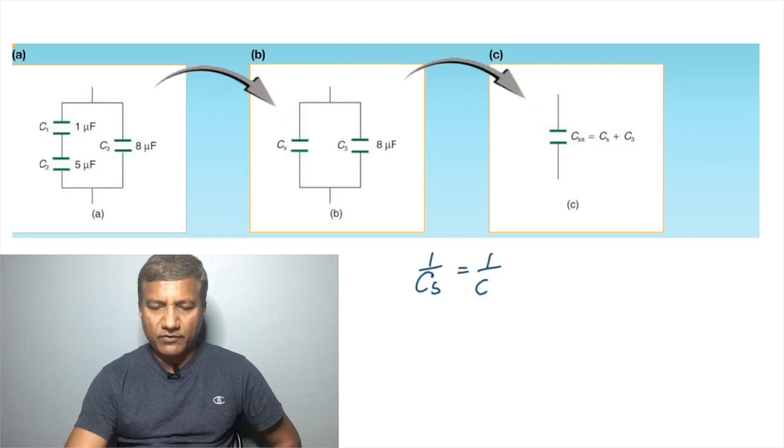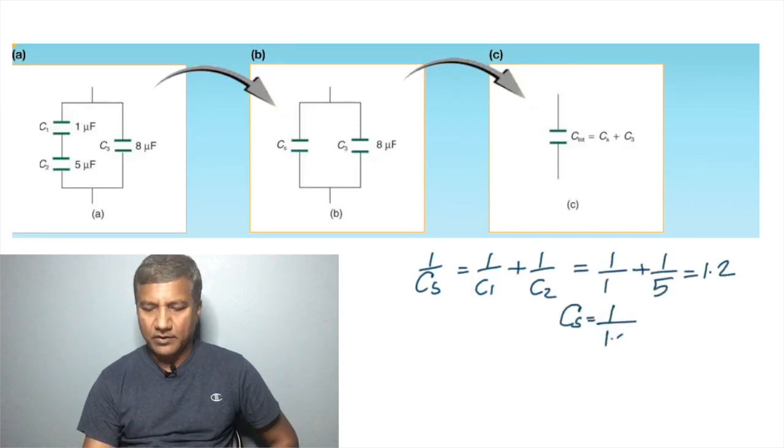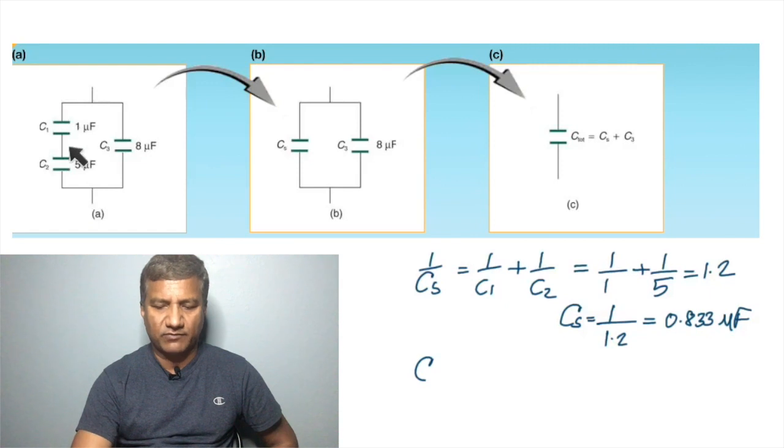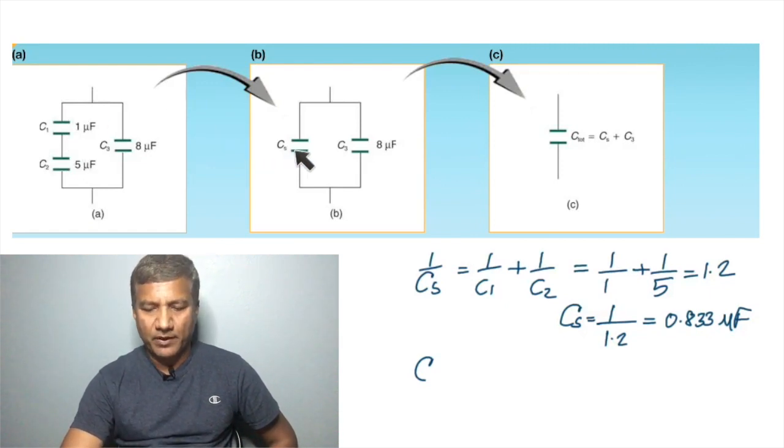Therefore, if the values of these two are given, we can use the formula 1 over Cs is 1 over C1 plus 1 over C2 to find that the capacitance of these two effectively is 0.833 microfarad, which is represented here now.